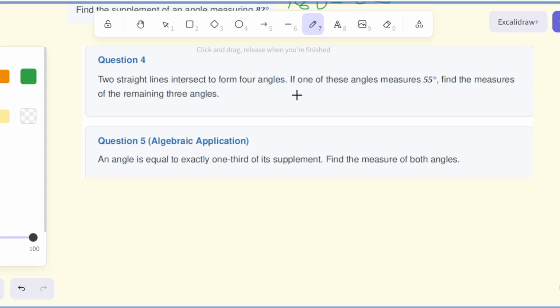The two straight lines intersect to form four angles. So like this, how we were discussing last time. If one of the angles is 55, this is 55, find the measures of the remaining three angles. So you need to find out one, two, and the third one. All three angles you need to find out.